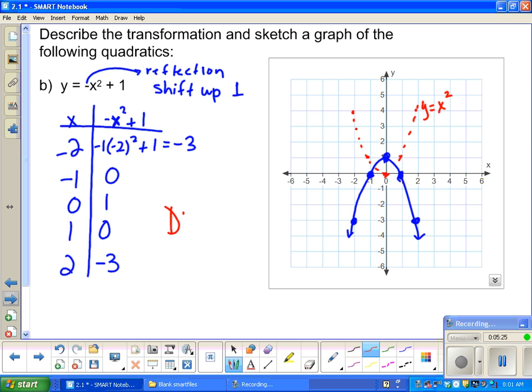So look at our domain. Again, our domain could be all real numbers, because I can put in any x value. But my range this time, since it's opening down, y's are going to be less than or equal to the y value of my vertex, which is 1.